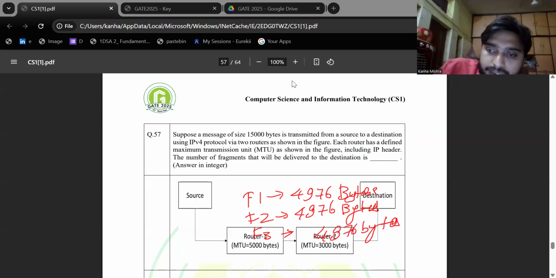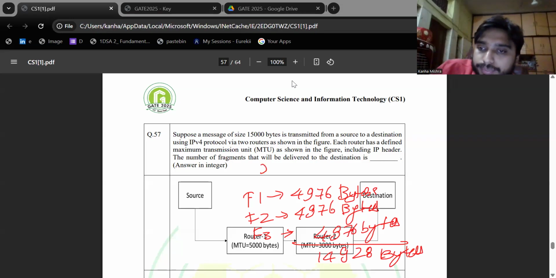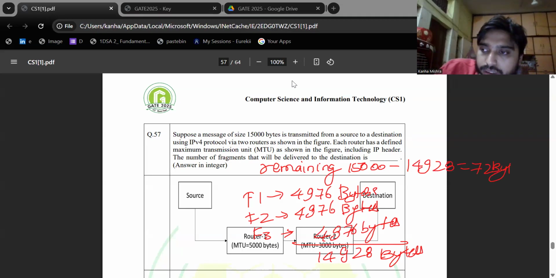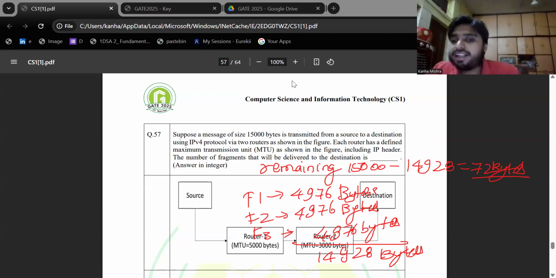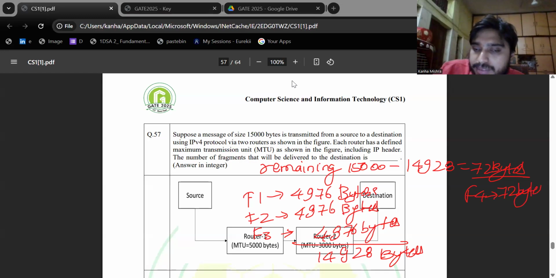If we total them, it comes to 14,928 bytes. The remaining out of 15,000 is 15,000 minus 14,928, which is 72 bytes, and that will go in the fourth fragment. It need not be a multiple of 8, and being smaller than 8 is also possible, but the fourth fragment will be 72 bytes.